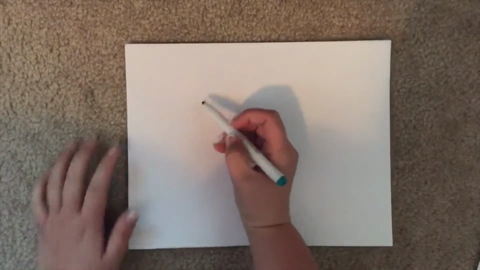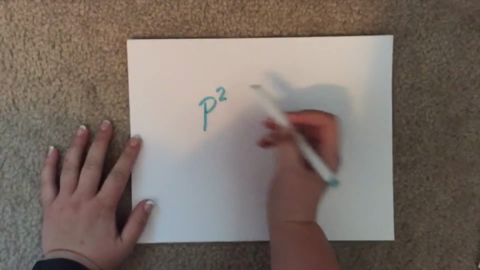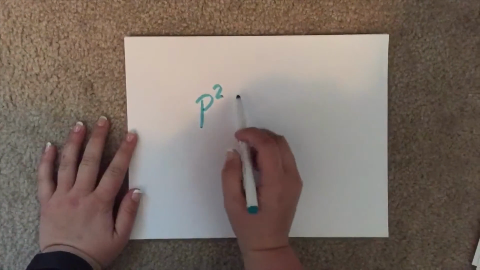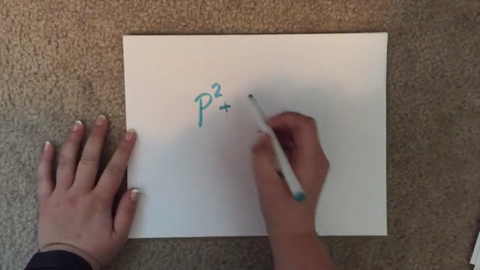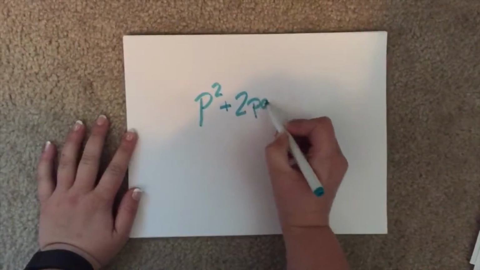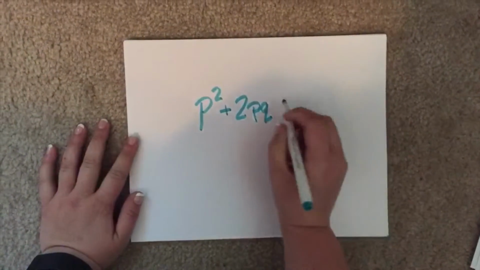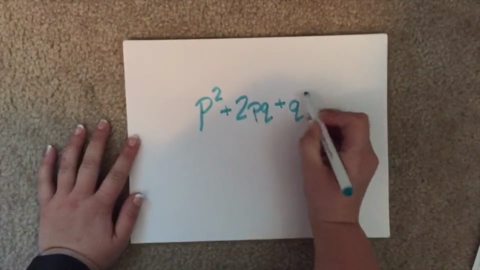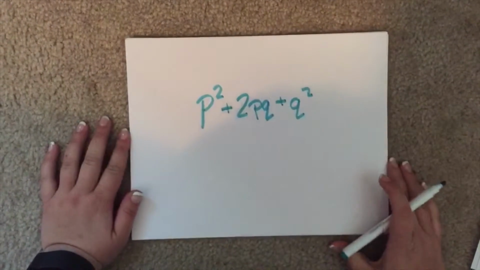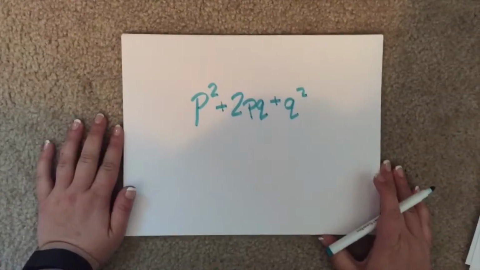An important equation that you will use in finding genotypic frequencies is of the following. P squared, which will be your homozygous dominant, plus 2pq, which will be your heterozygous allele, plus q squared. You will use this in finding all of your math calculations for genotypic frequencies.